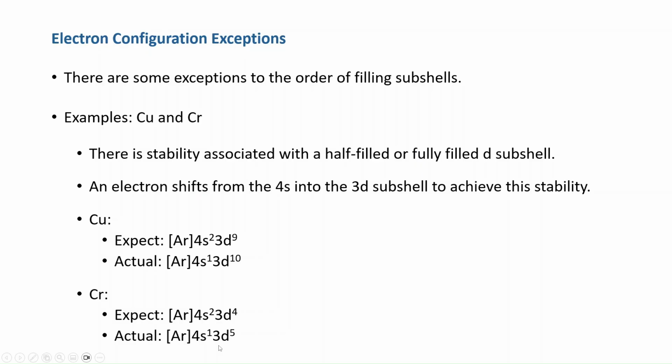There's an explanation for that. Every time you have either a half filled or fully filled D subshell, it's very stable. Okay? The same thing actually applies, we'll see later on, to S orbitals. So this one has the S full and the D partially full, not half. When I say half, I mean half.